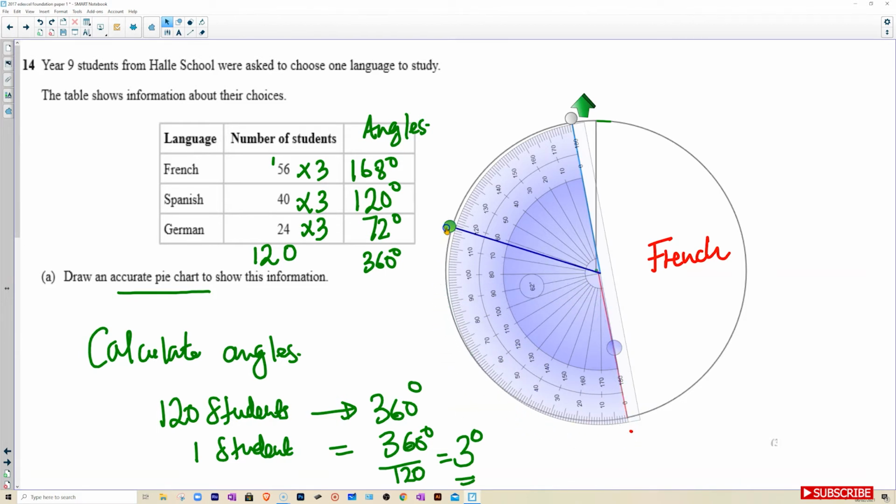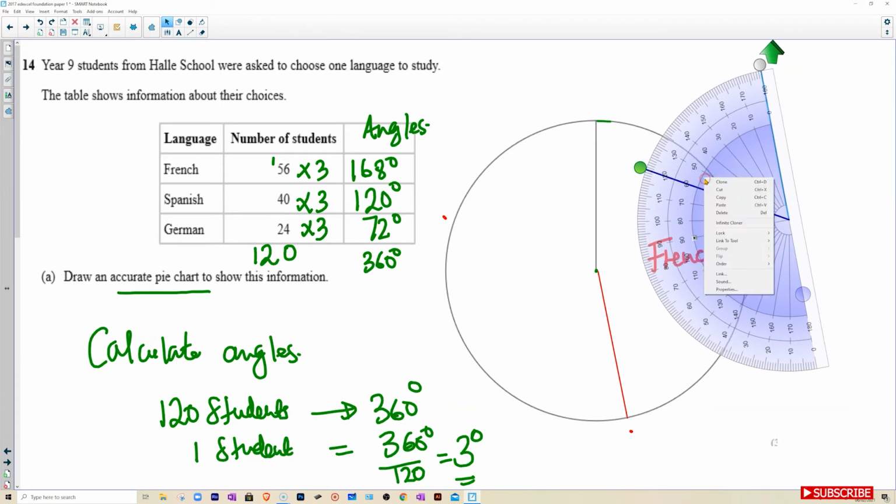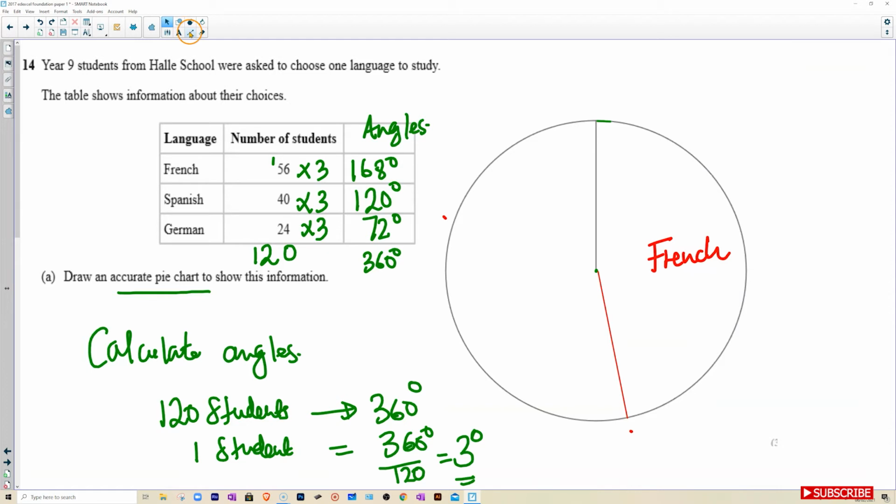So 120 degrees is right there. I would mark it, and then once I'm done, I will remove my protractor. Now, in fact, I don't need it anymore. So let's just get rid of that. And I can grab the line from the center and roughly there. So this subject here is now going to be Spanish.